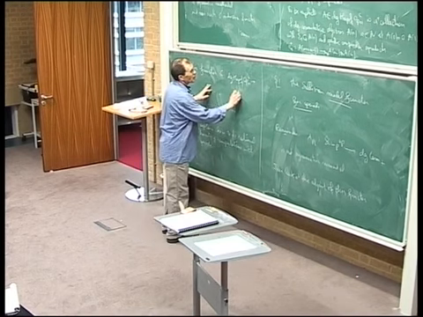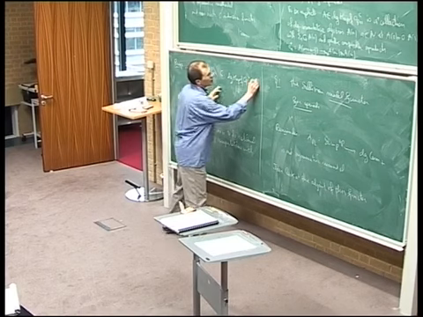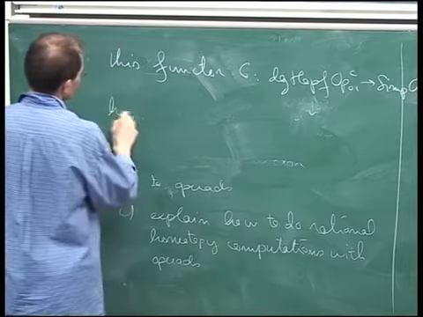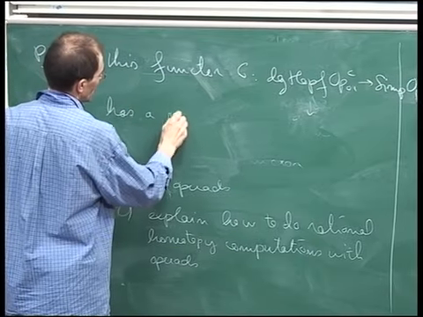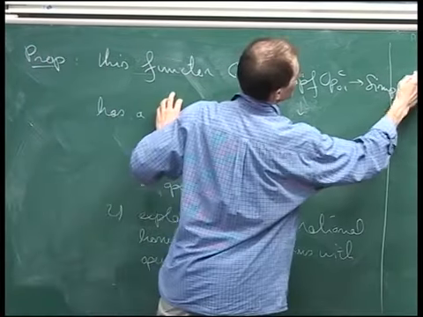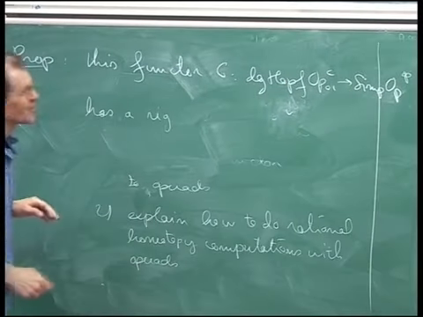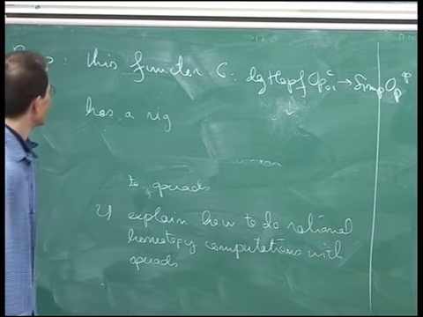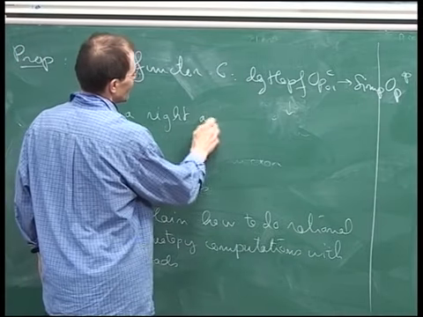Okay, so I have this functor. And I claim that this functor has a right adjoint. Because this is contravariant, I never know which is the right and which is the left adjoint.